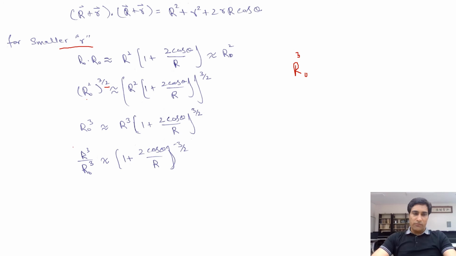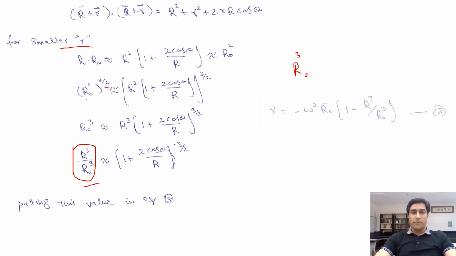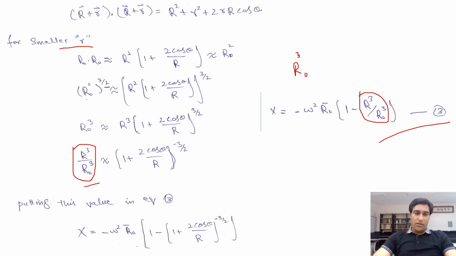This is the term we need, so putting it in equation 3, we put the value of this term. So x equals minus omega square r naught into 1 minus (1 plus 2 cos theta over R) to the power minus 3 by 2. After simplification we got minus 3 by 2 here.